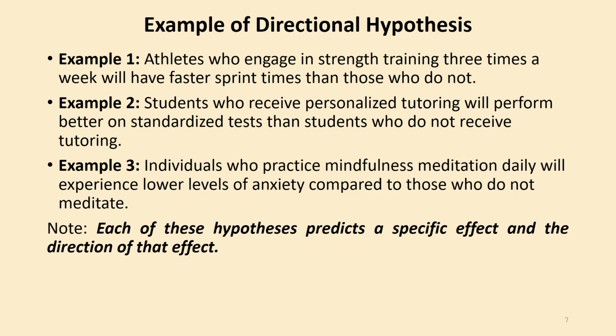Some examples of directional hypothesis, you can make a note of it. Example 1: athletes who engage in strength training 3 times a week will have faster sprint times than those who do not. It's a kind of directional hypothesis. Example 2: students who receive personalized tutoring will perform better on a standardized test than students who do not receive tutoring.